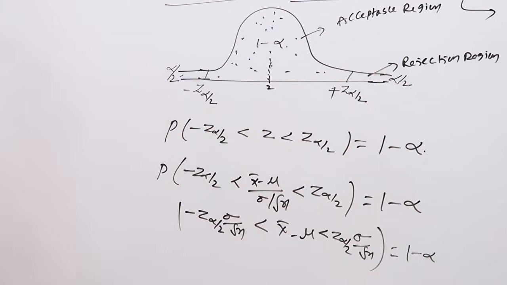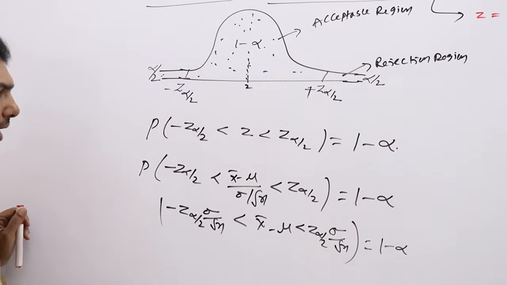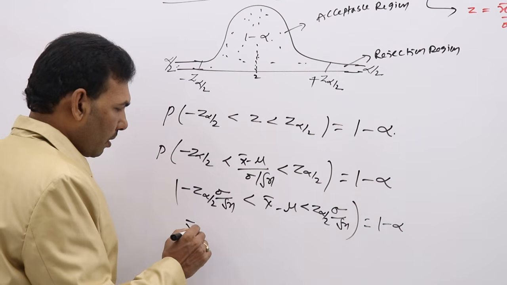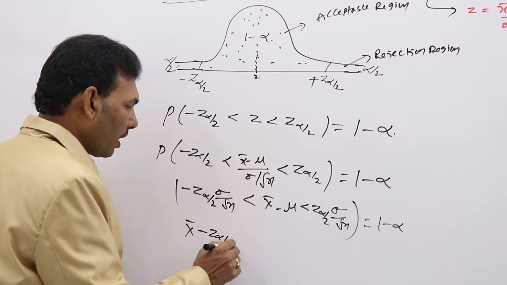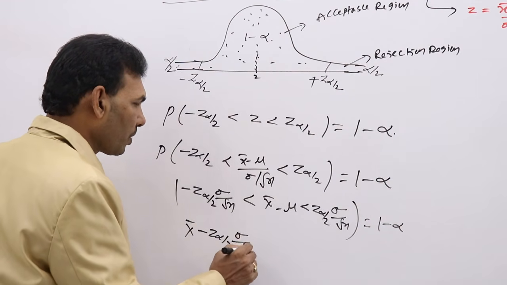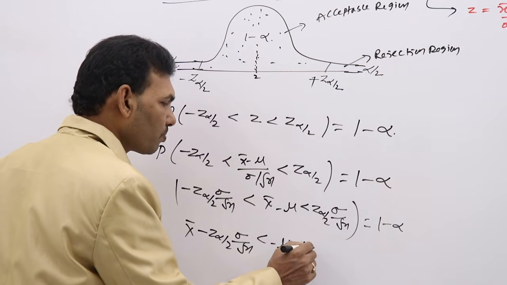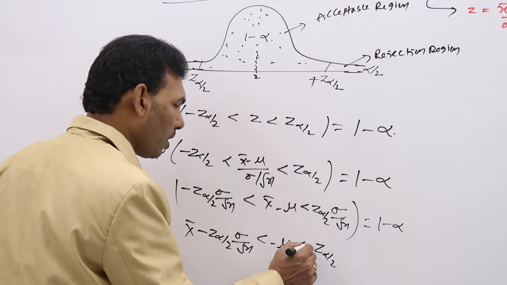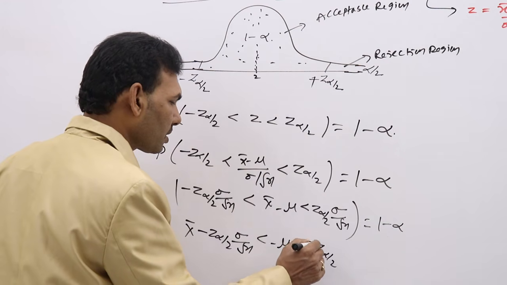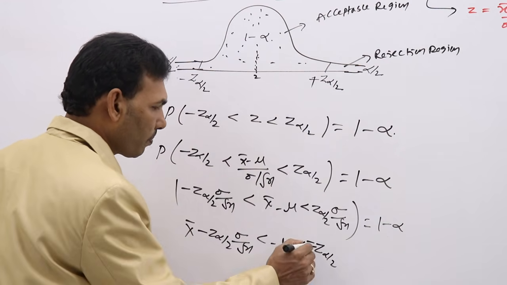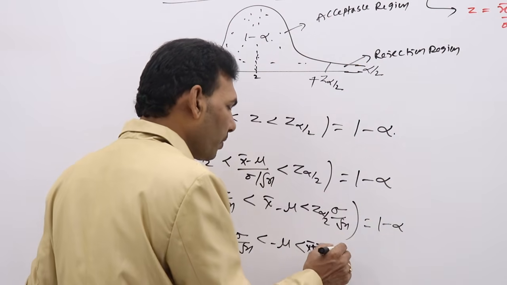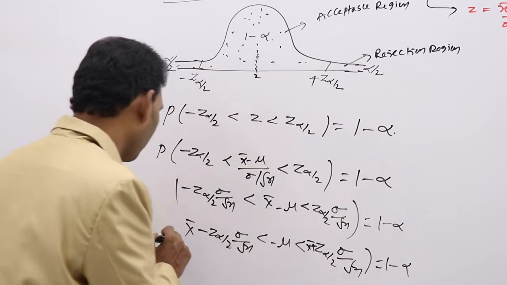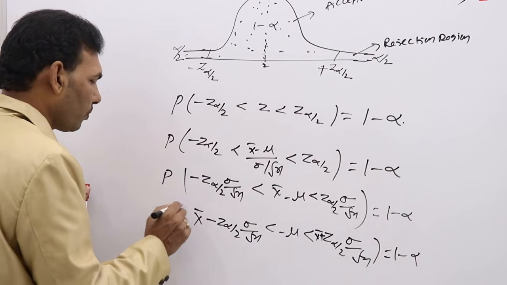If you add x bar on both sides, x bar minus z alpha by 2 into sigma by root n less than mu less than x bar plus z alpha by 2 sigma by root n, equal to 1 minus alpha. Probability of.